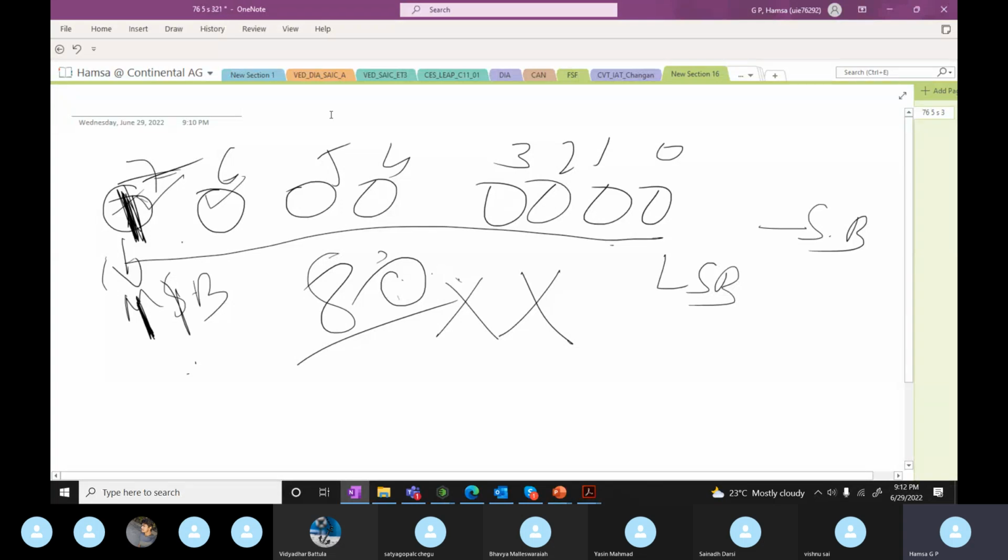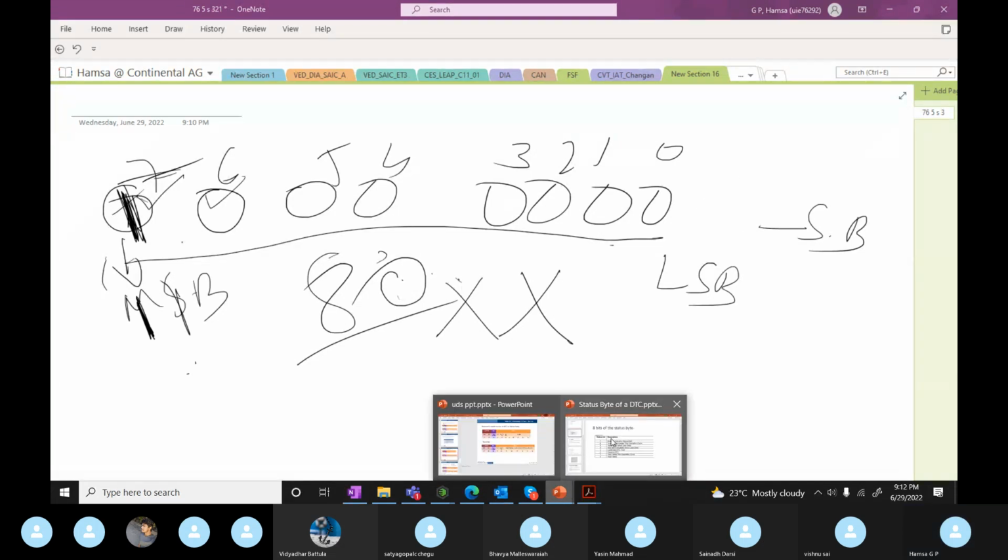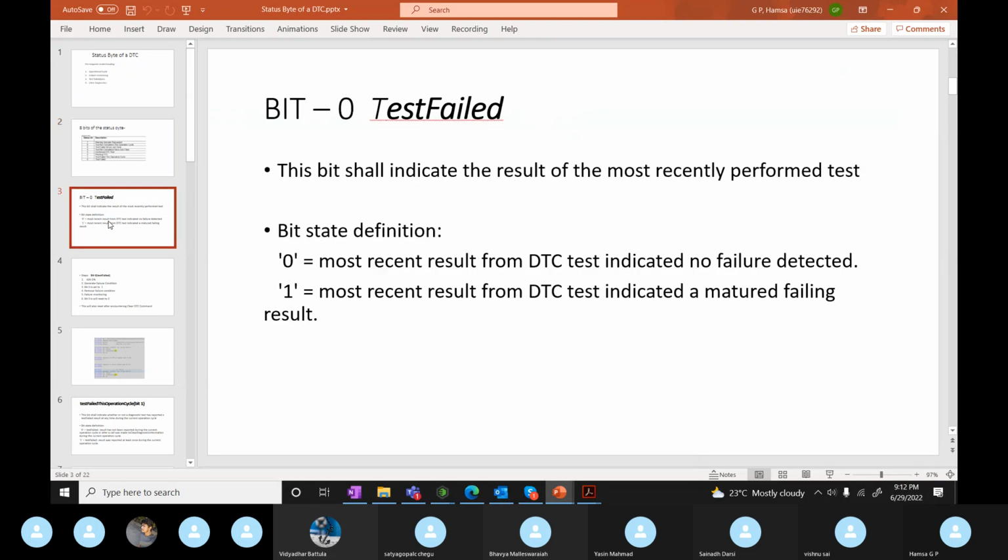At the same time, we have other bits also to verify. Now let's see what these other bits say. Okay, this is bit 0, which is test failed. But every bit will not be applicable in every project, it depends on the project. As you can see, bit 0 says test failed.